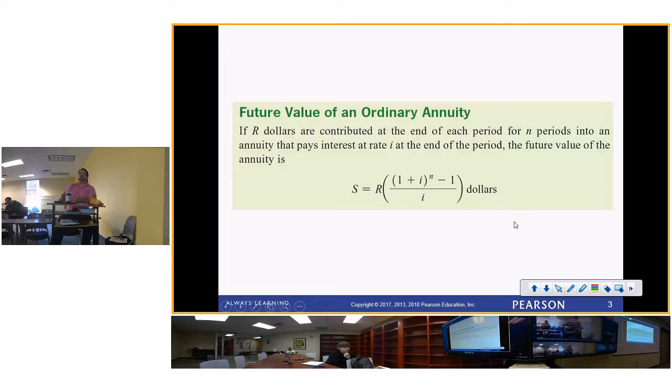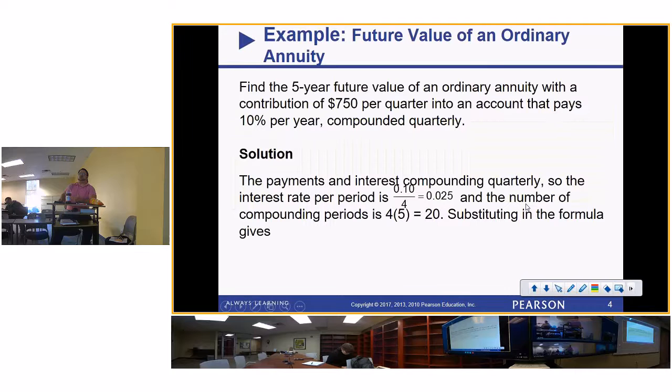I wish they would just use what everybody else uses. I don't know why they change it to I. But anyway, there we go. Find the 5-year future value, 5 years. So that means you're going to hold it in there for 5 years. Of an ordinary annuity with a contribution of $750 per quarter. So what does quarter mean? N is equal to 4.